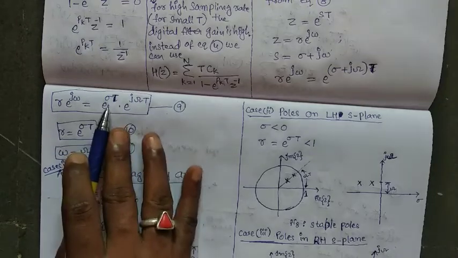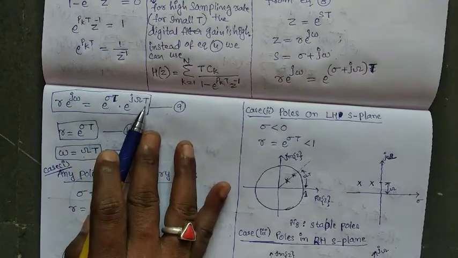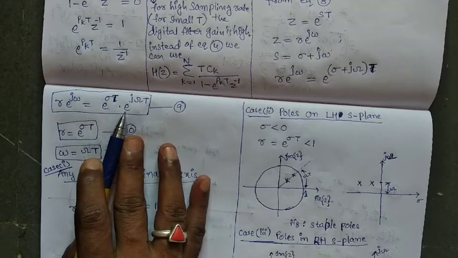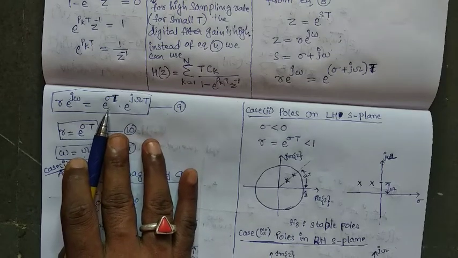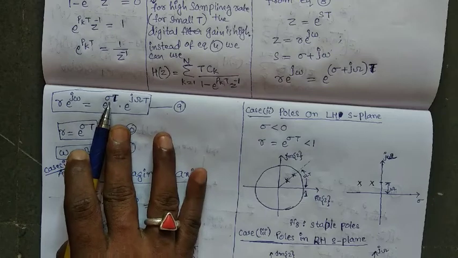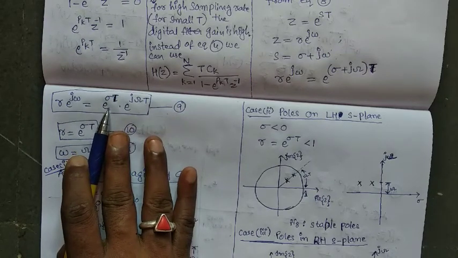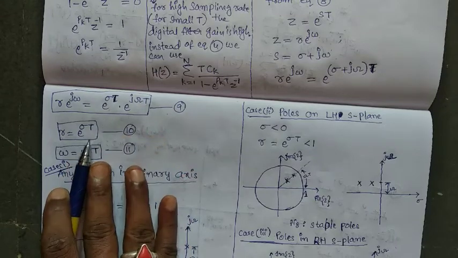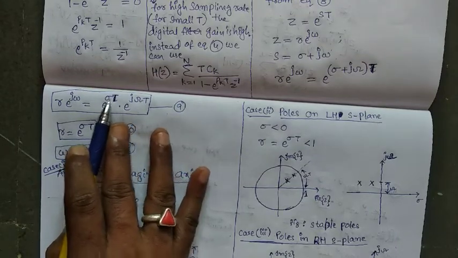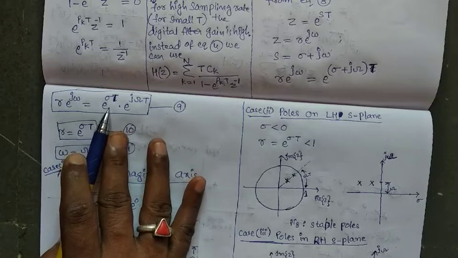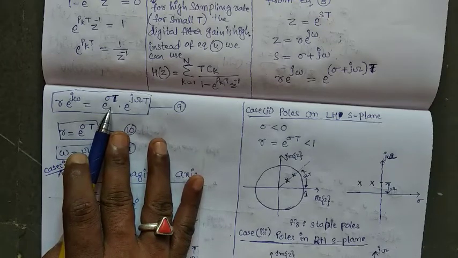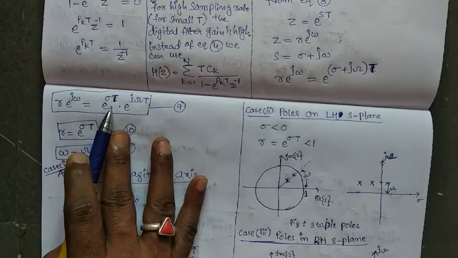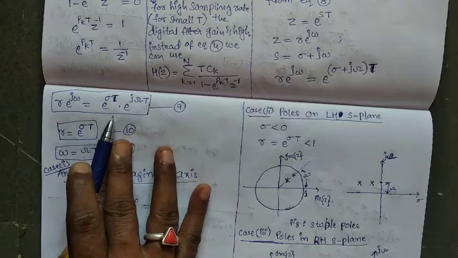In equation 9, the magnitude of e power sigma T is a real number, and its phase angle is 0. The real part of equation 9 is e power sigma T. What is the magnitude of e power sigma T?